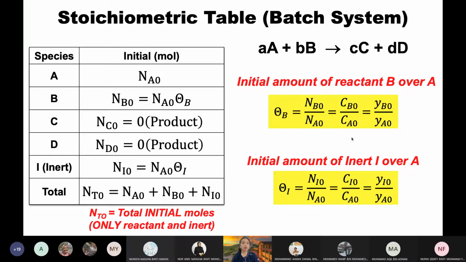So saya cakap amount kan, so kenapa saya cakap amount? Sebab dia boleh diberi dalam bentuk yang berlainan depending on the question. Meaning to say, you can calculate theta B if you are given terus NB0 per NA0, boleh kira.